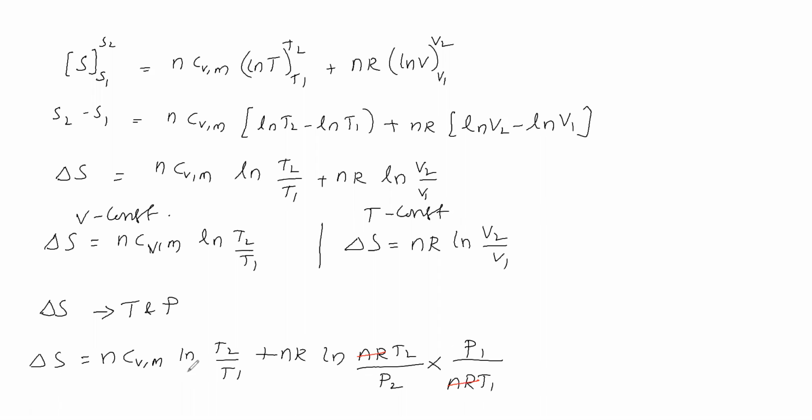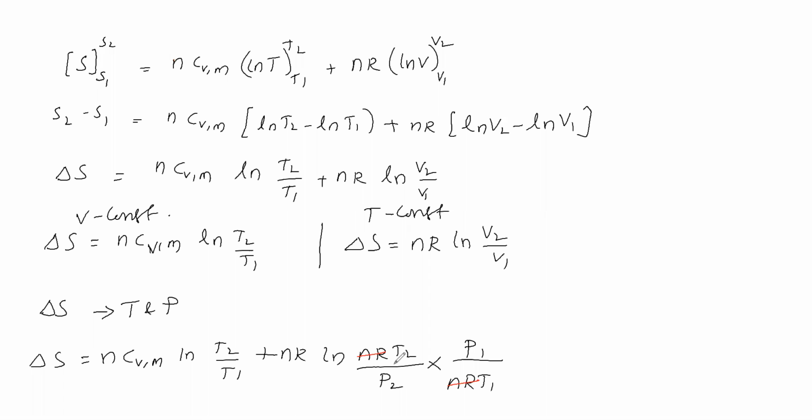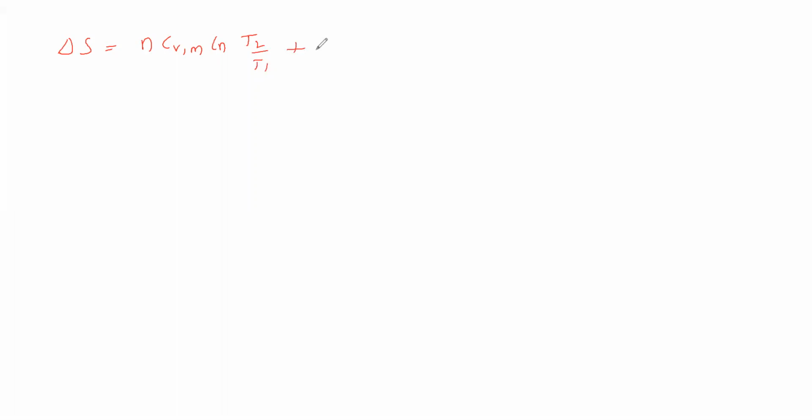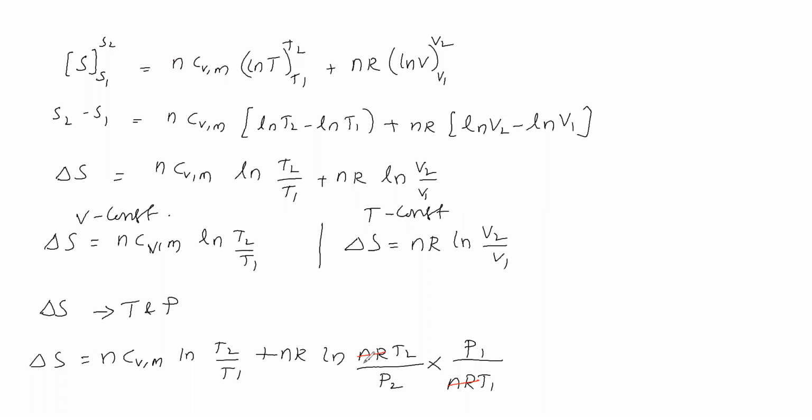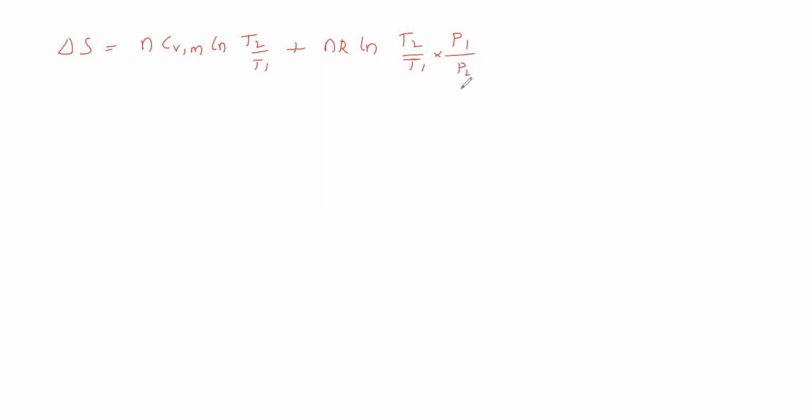Delta S is equal to nCVM ln T2 by T1 plus nR ln (T2 by T1 into P1 by P2). Like this we have written: nR ln T2 by T1 into P1 by P2.